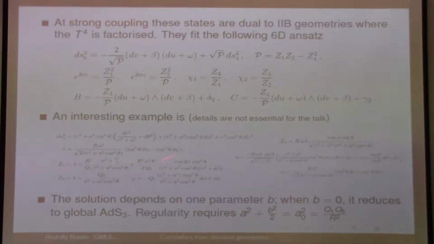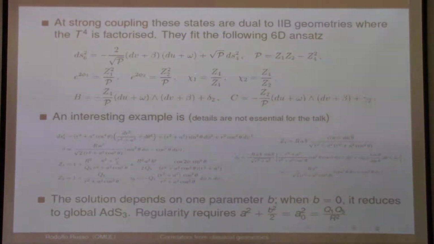It's a regularity condition. If you want the solution to be regular in the center, it is asymptotic, yes, but as you go to the center it becomes a curved geometry, then the regularity condition imposes this. And if you do the math precisely, this is exactly the normalization condition of the CFT.